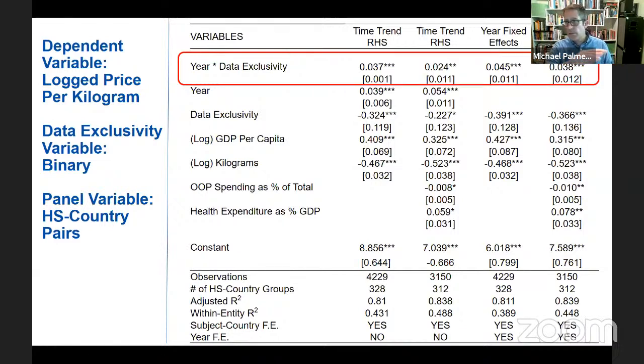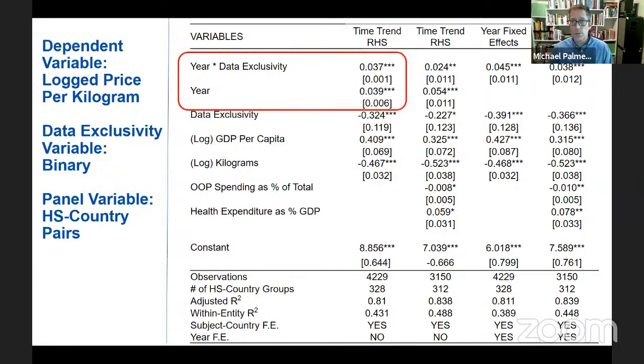And in each column is a different regression, and in each of them, the coefficient on year times data exclusivity is positive and significant. This shows that the rate of growth for prices in this set of countries was higher and statistically significantly higher when countries had data exclusivity.